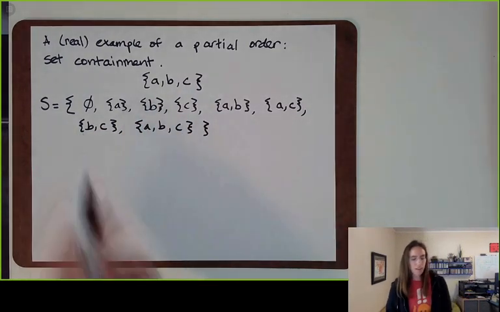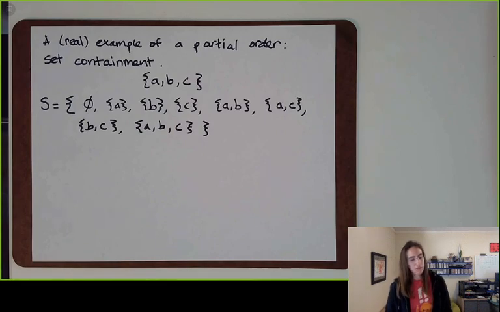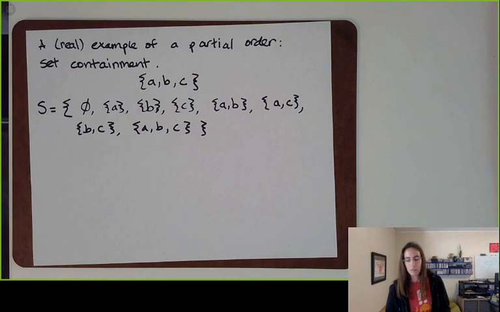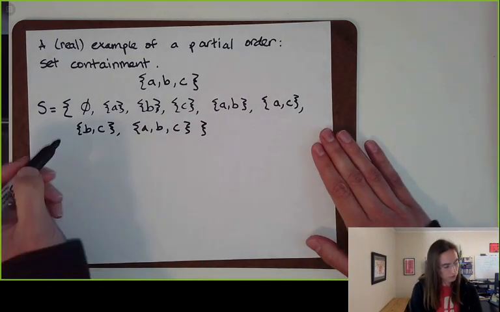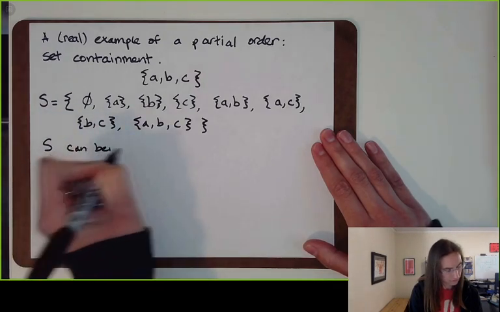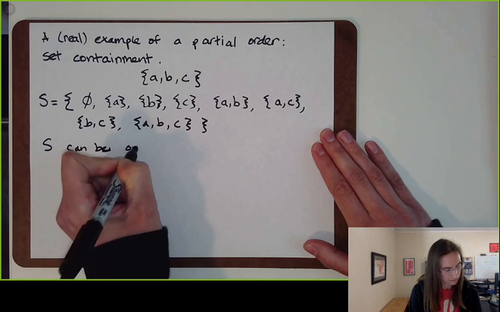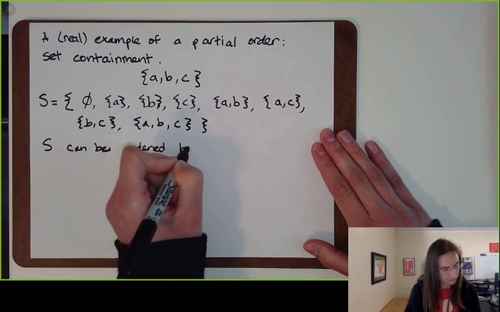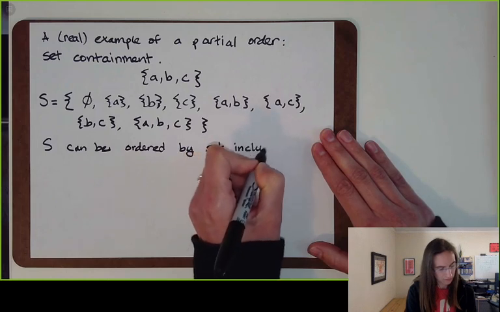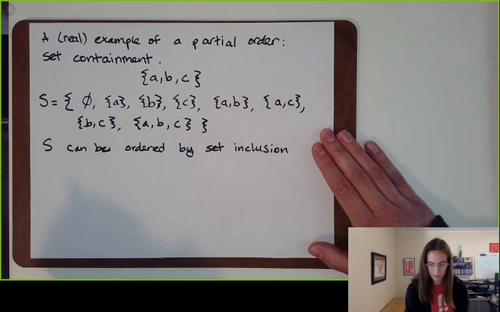So that's our set, S. This set has 1, 2, 3, 4, 5, 6, 7, 8 elements, and we can order those by set inclusion, which would look something like this.